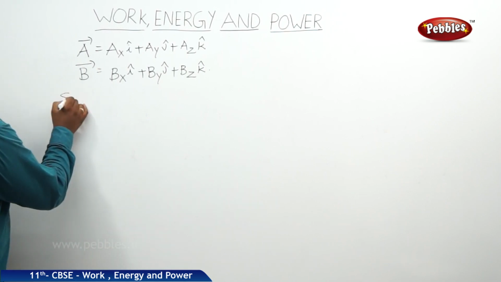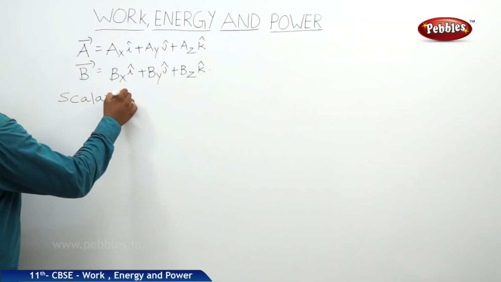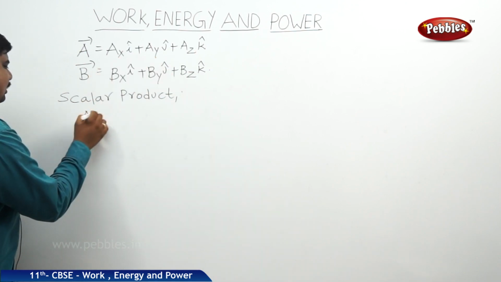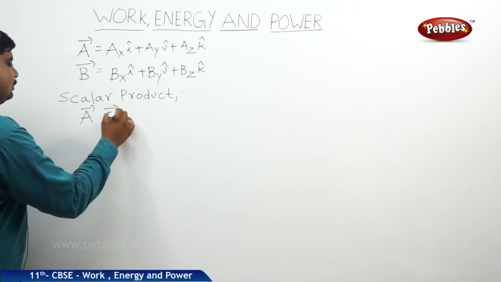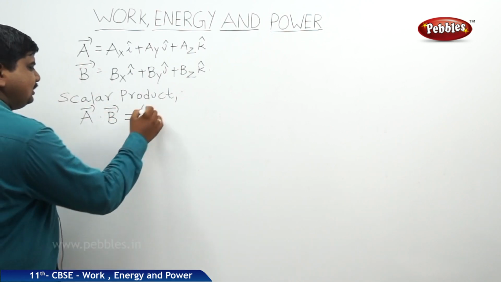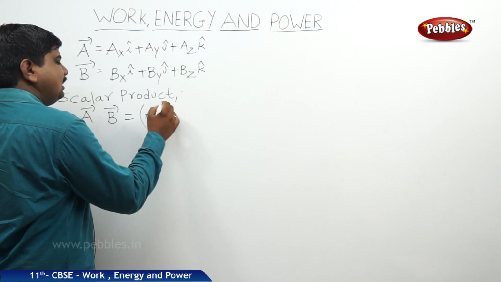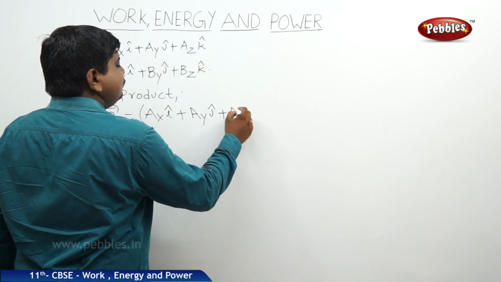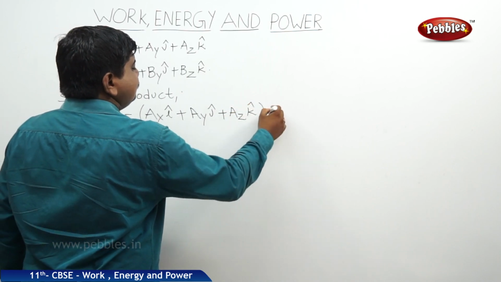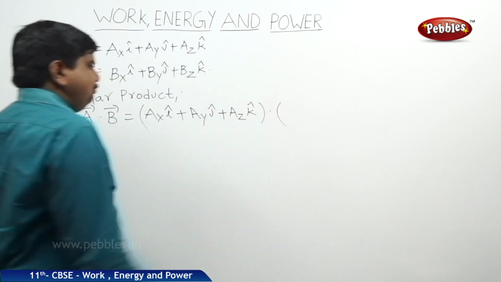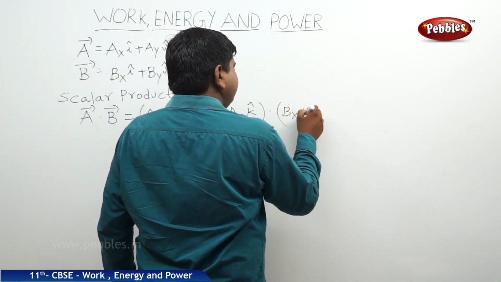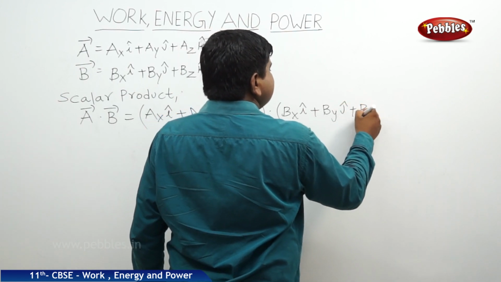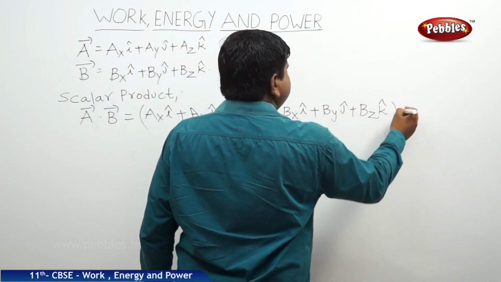In scalar product, A bar dot B bar is equal to, so what is A bar? AX i cap plus AY j cap plus AZ k cap dot BX i cap plus BY j cap plus BZ k cap.